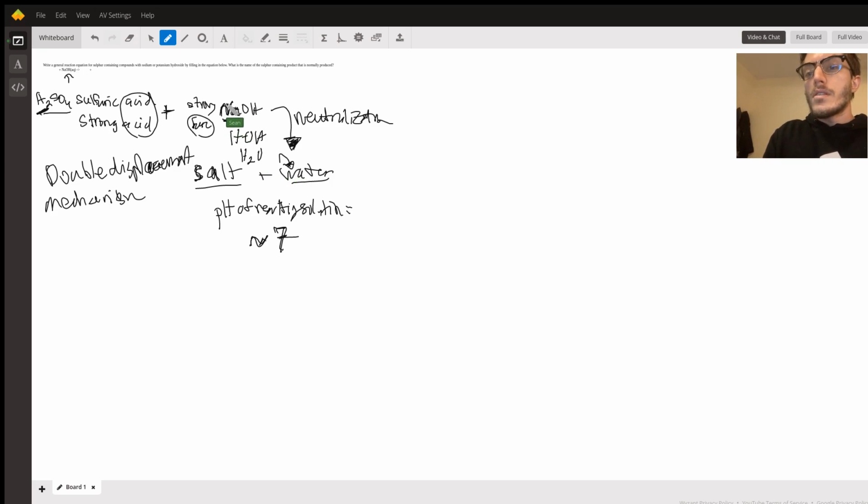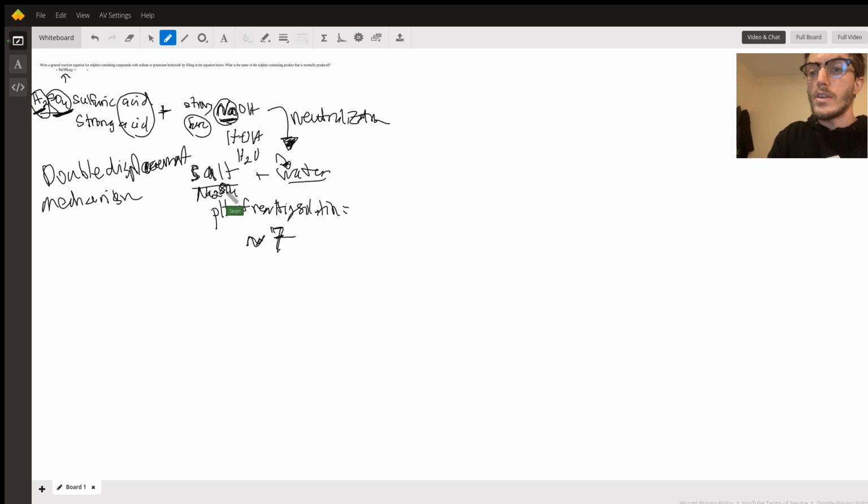This leaves the sodium ion, which will trade places with the hydrogens and combine with the sulfate in the sulfuric acid, which is the negatively charged or anionic group. So it'll go like this, Na2SO4, because SO4 naturally has a -2 charge and Na naturally has a +1 charge.